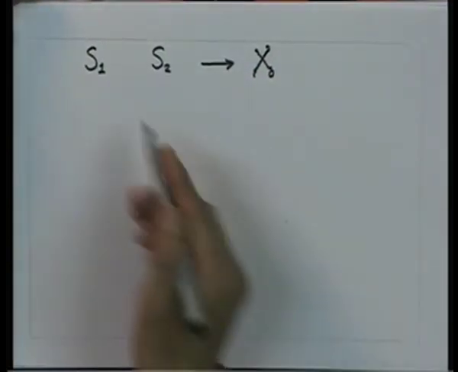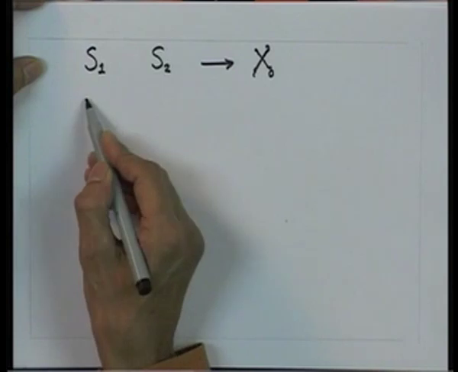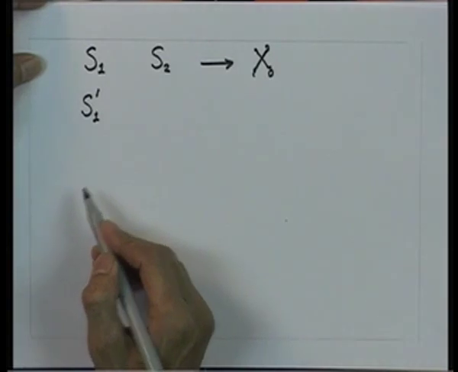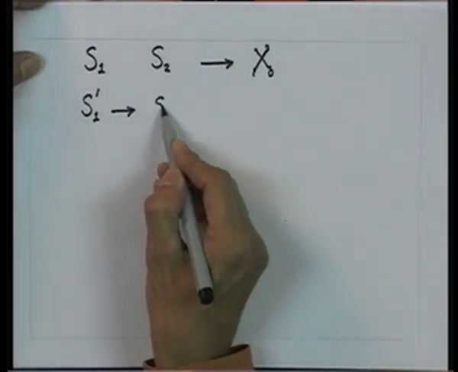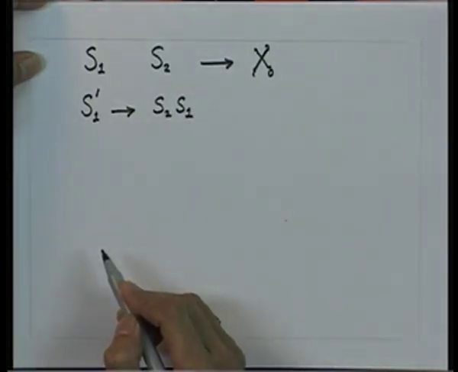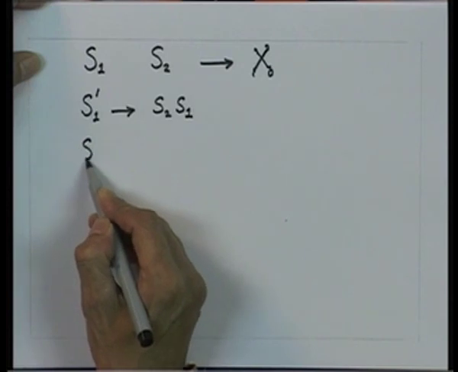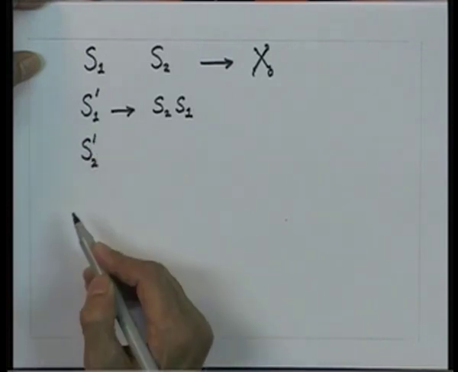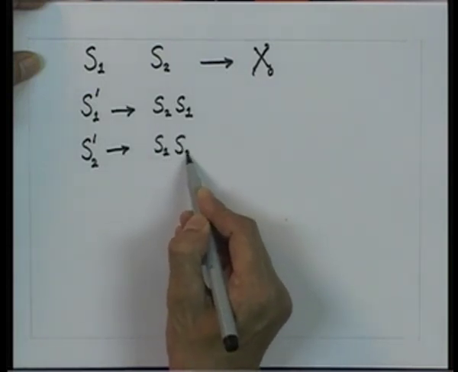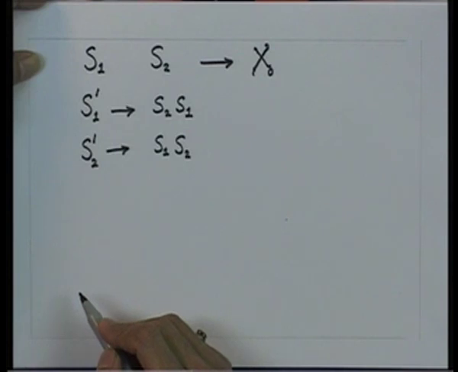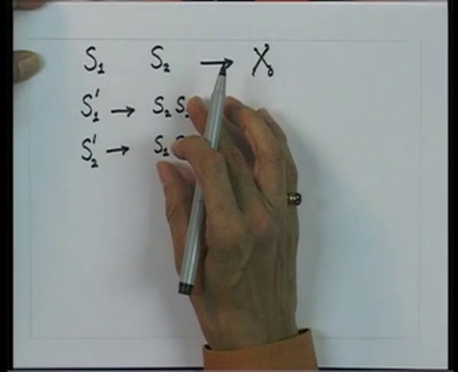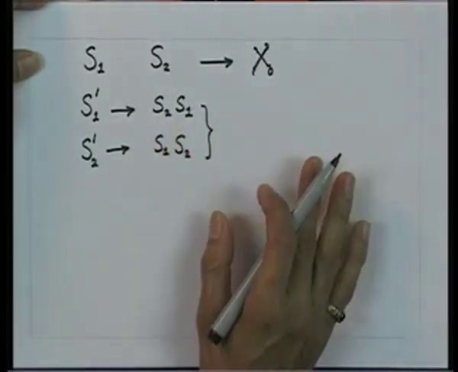Now, let us have another sequence S1 prime, which is obtained by S2 followed by S1. And let us have another sequence S2 prime, which is S1 followed by S2. Now, both these sequences are obviously of the same length, even if S2 and S1 are not of the same length.